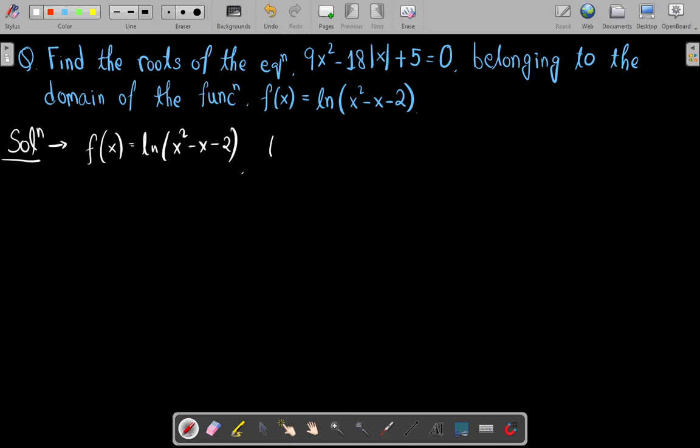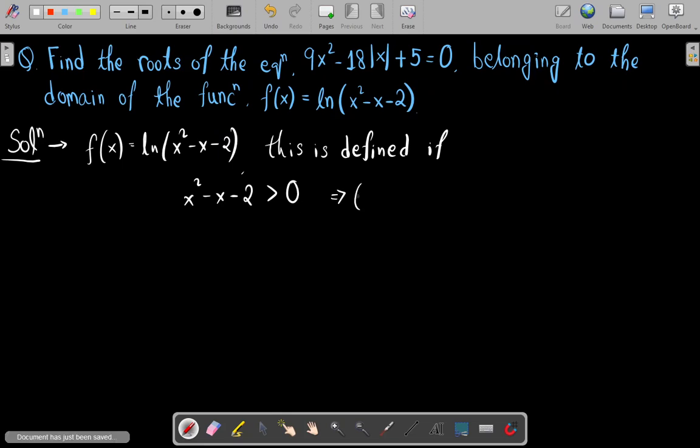This is defined if and only if x² − x − 2 is greater than 0. It cannot be equal to 0 because the natural logarithm of 0 is negative infinity, so it must be strictly greater than 0.